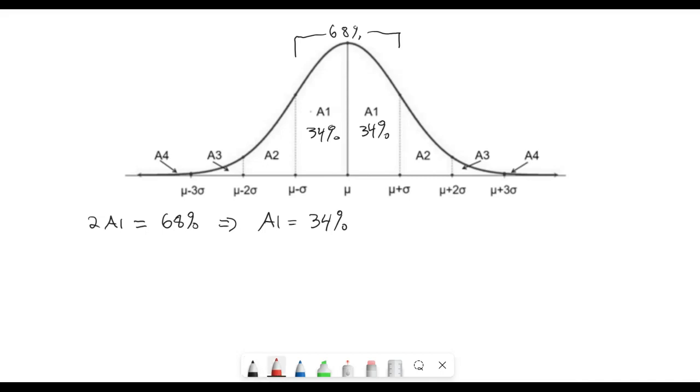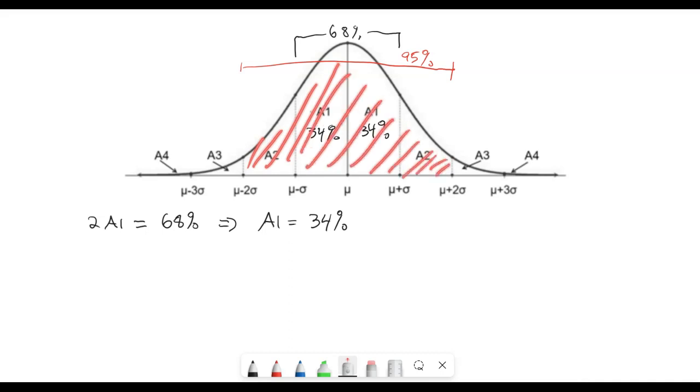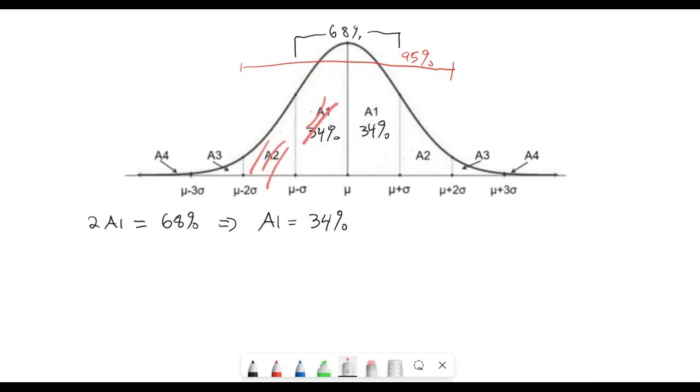Okay, next up, we have this area, that's 95%. Again, this is from the empirical rule, the 68, 95, 99.7 rule. Now the 95% covers all of the area between the first 2 standard deviations left and right of the mean. So we have A2, an A1, an A1, and an A2.